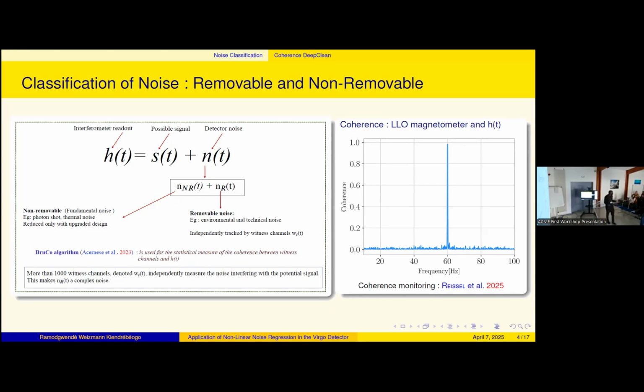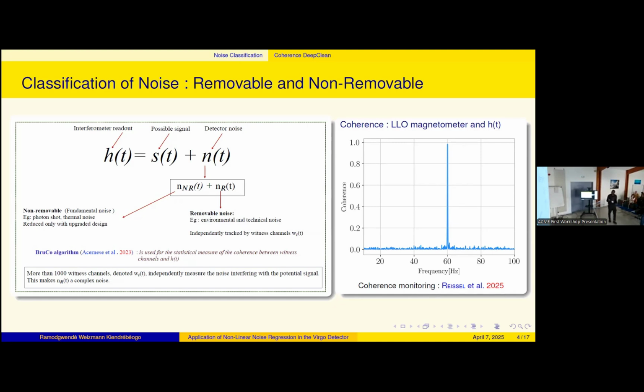In the Virgo detector, we have several thousand witness sensors which measure various noise. But how do we know which witness sensor to use for our training? For that, we study coherence with the h(t) channel.